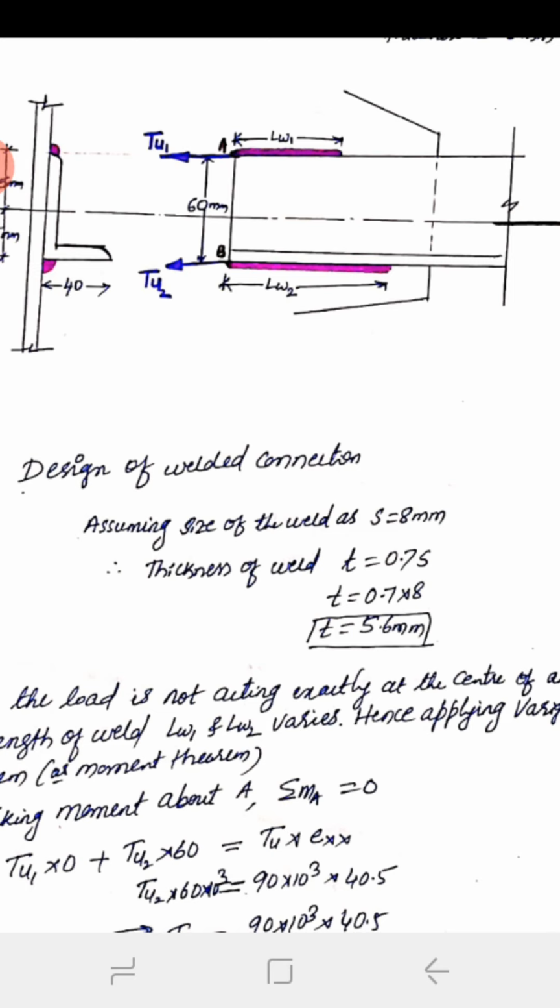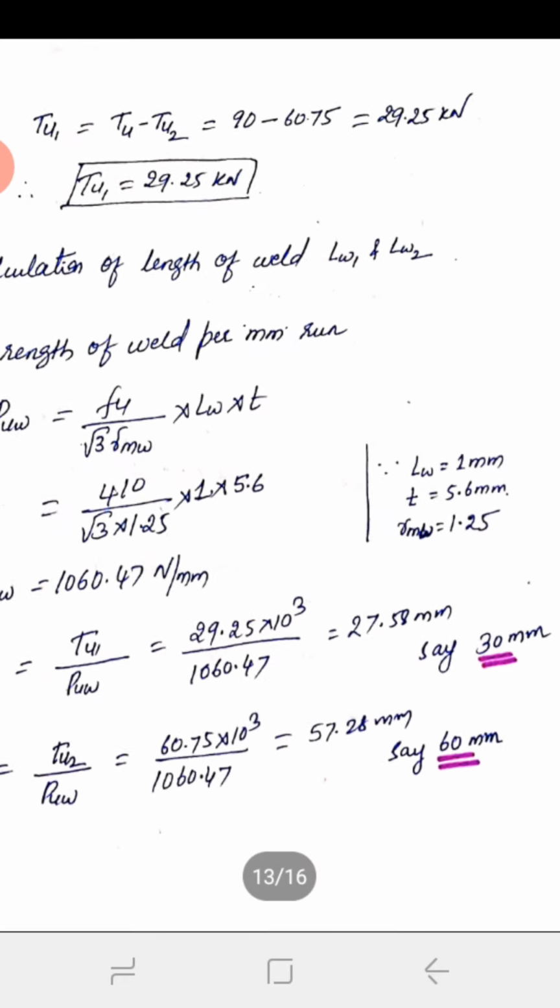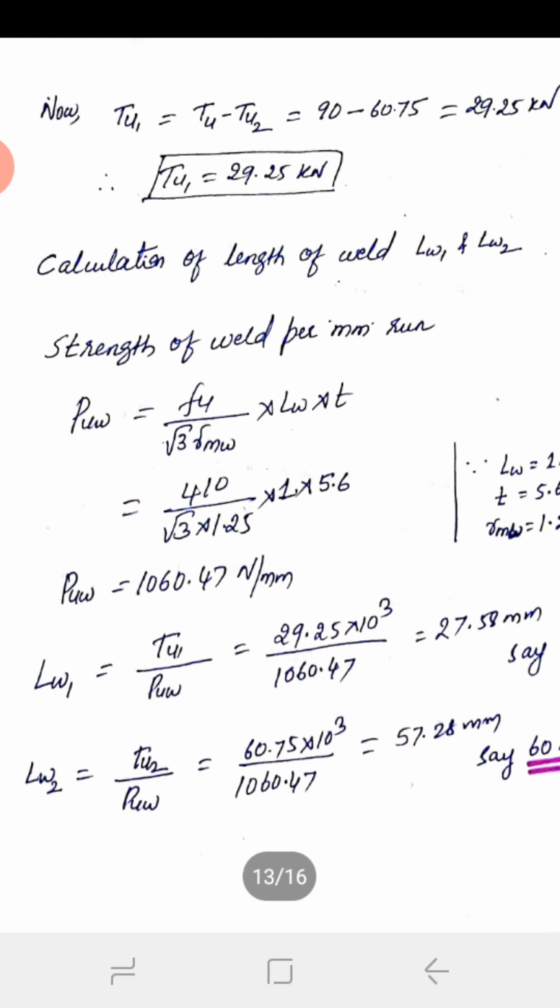Corresponding to TU1, the length required is LW1. Corresponding to TU2, the length required is LW2. So once we know this TU1 and TU2, the length can be easily calculated. To calculate the length, we need to calculate the strength of weld per millimeter run.